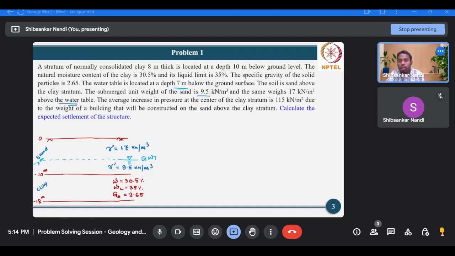Okay. Now, in addition to this data, one more piece of information is given in this problem, that is the average increase in pressure at the center of the clay stratum is 115 kilonewton per meter square due to the weight of a building that will be constructed on the sand above the clay stratum. So there is a plan that there will be some construction.